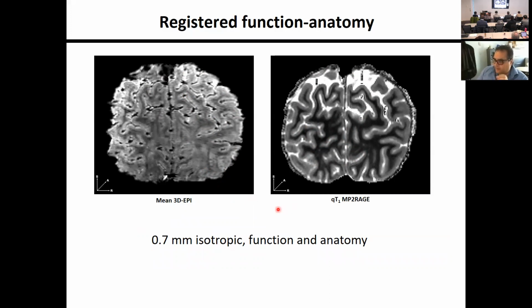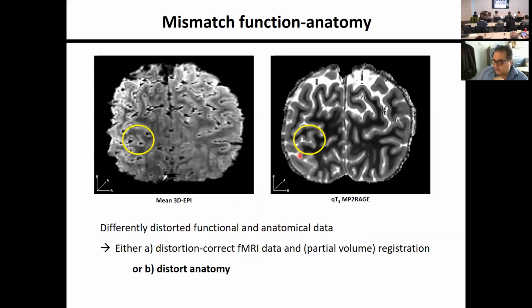Now, if we examine more closely the spatial correspondence between these two images, let's look just here. Here you see sort of the sulcus, the CSF like oblique, where here you see it straight.